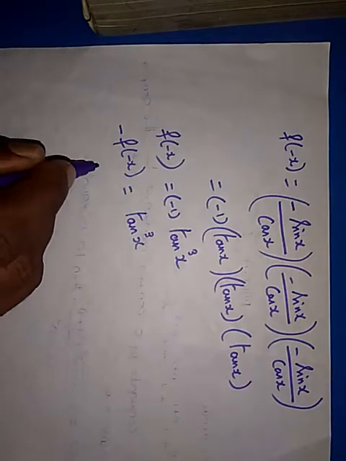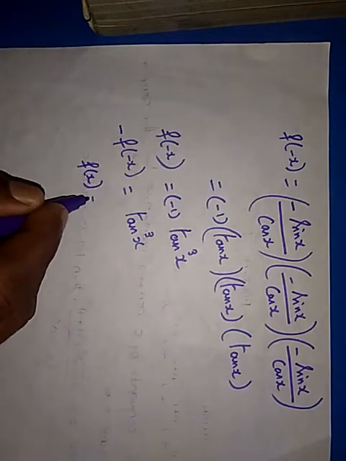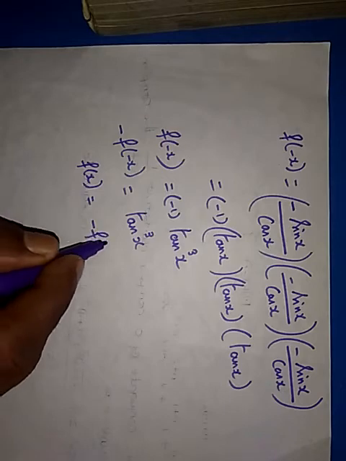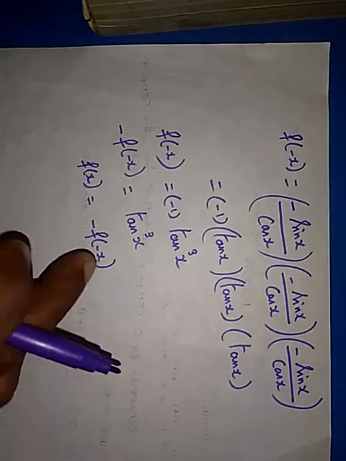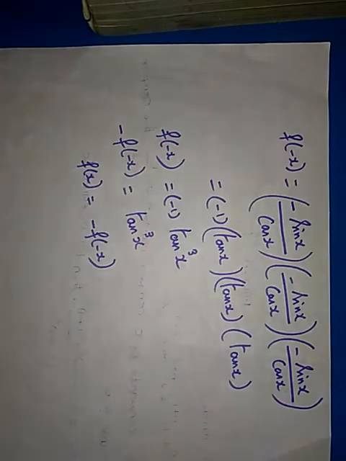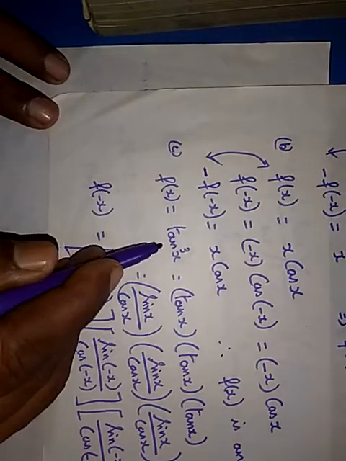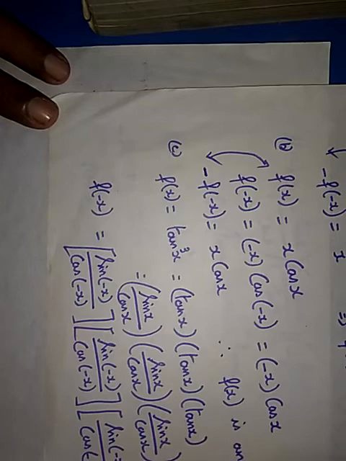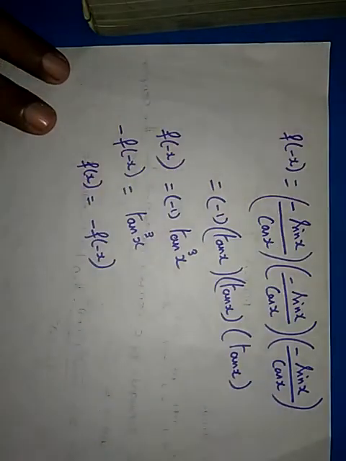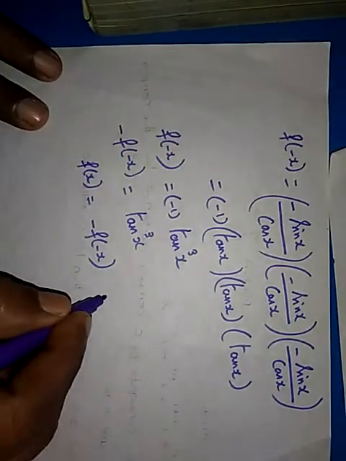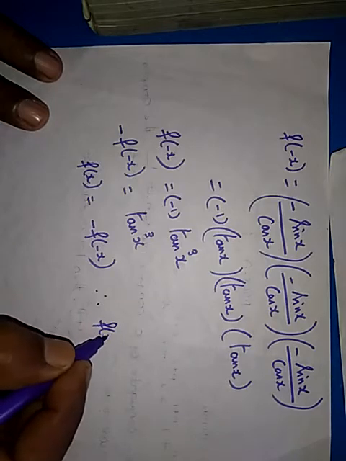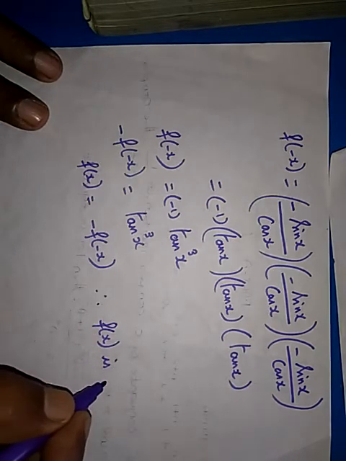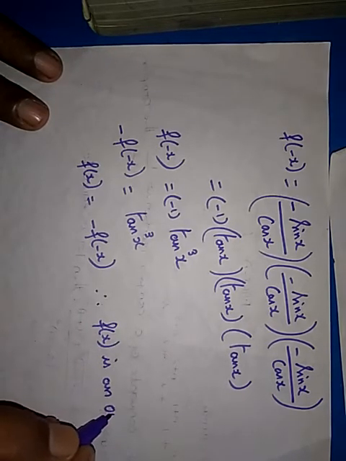Now if you see, f of x is equal to minus f of minus x. Here also tan cube x, and f of x is tan cube x. So this confirms that it is an odd function. Therefore f of x is an odd function.